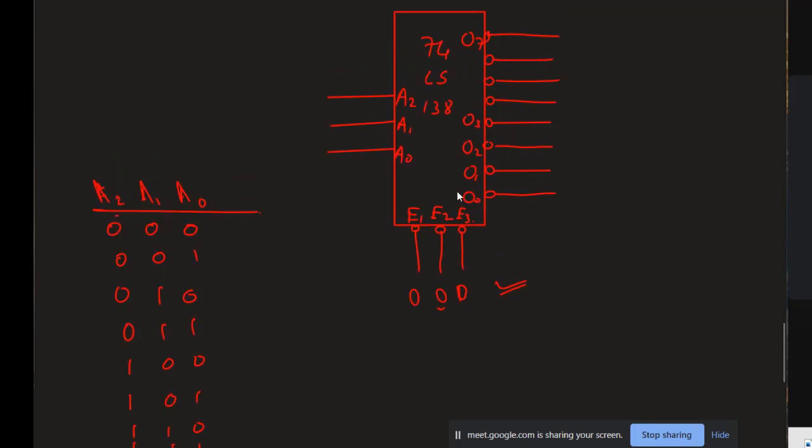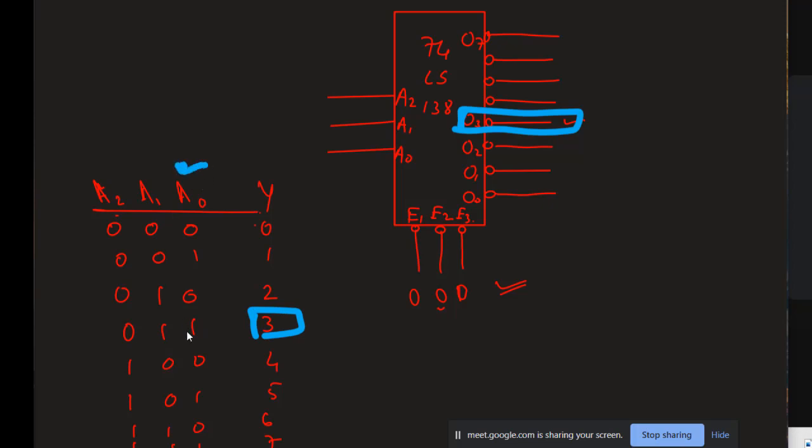Your output lines are 0, 1, 2, 3, 4, 5, 6, 7, and I say your output line O3 is active. O3 means your A0 will be 1, your A1 will be 1, and your A2 will be 0. Is it clear what I said? How the buffer is actually working, is it clear?